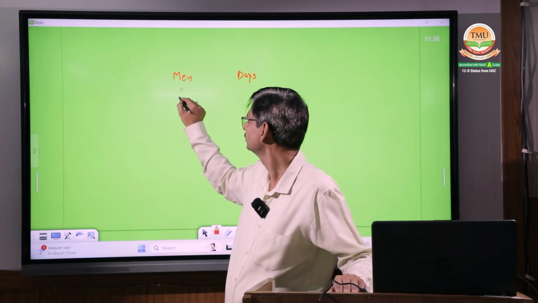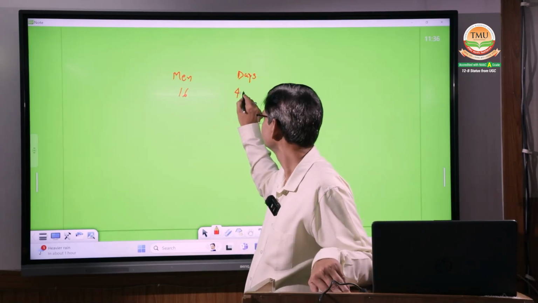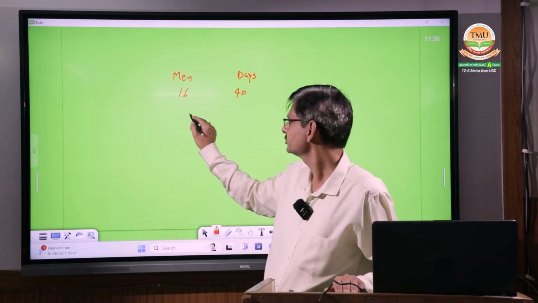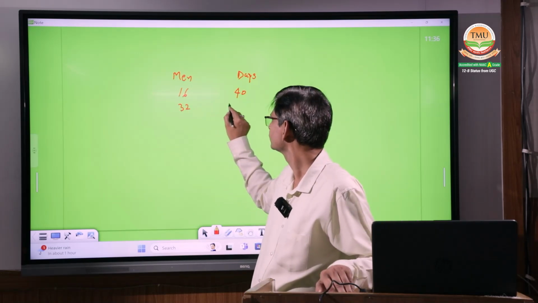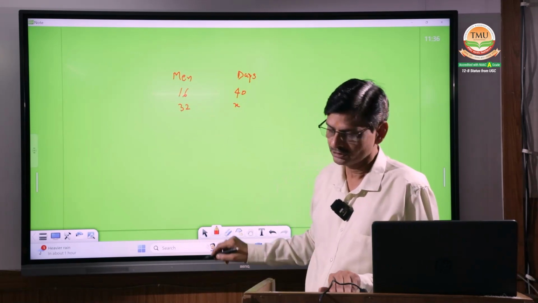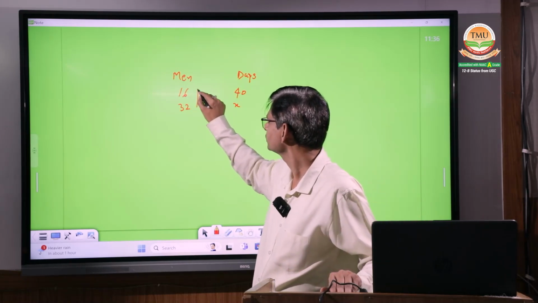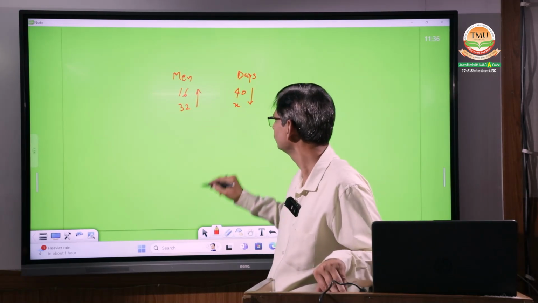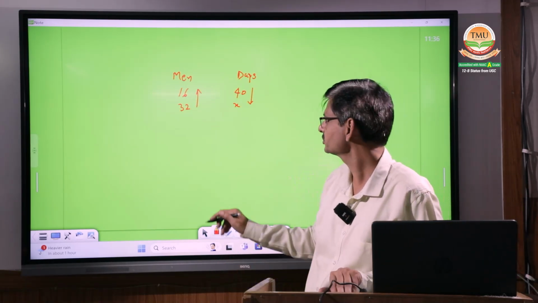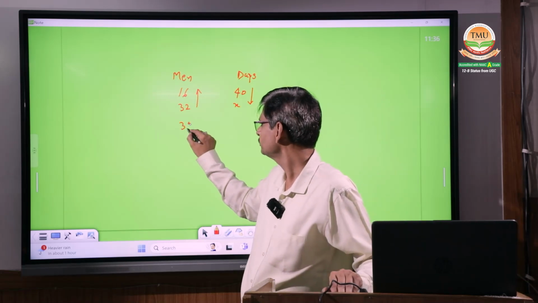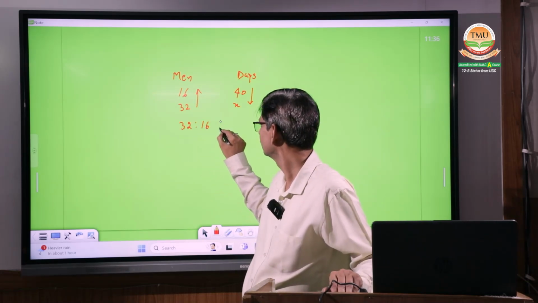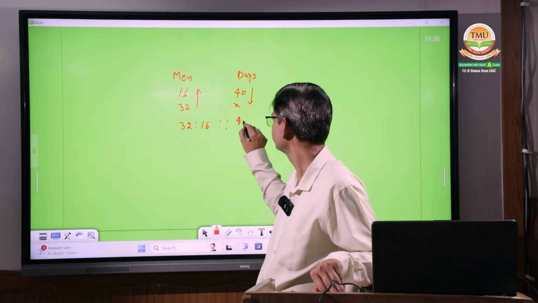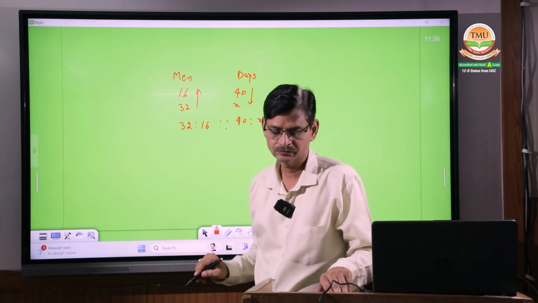Men is 16, number of days is 40. Again, men is 32, suppose days will be x. Here will be opposite direction. Arrow will be in opposite direction. That is 32 is to 16, proportion 40 is to x.